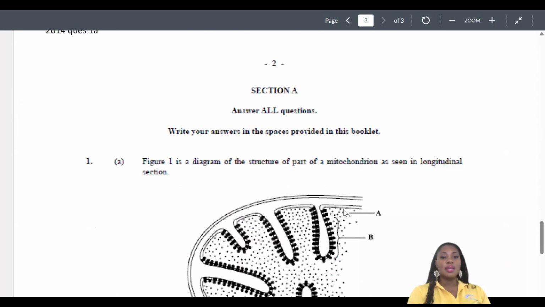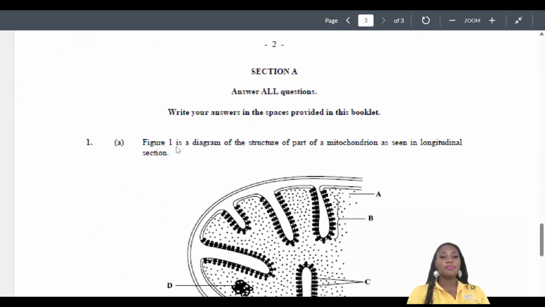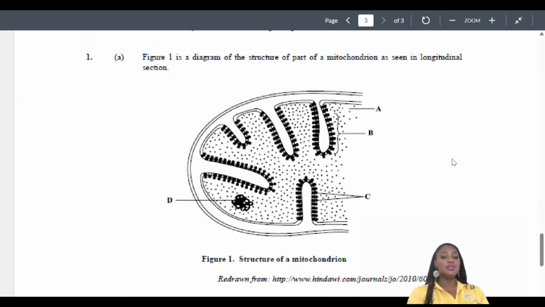Yes. This one now from 2014 says this is a structure of a part of the mitochondria seen through the longitudinal section. So they labeled A, B, C, D. All right. So D actually is a DNA. So this one they do draw it coiled up. So what does structure C look like? These would have to be the ATP synthase, right?